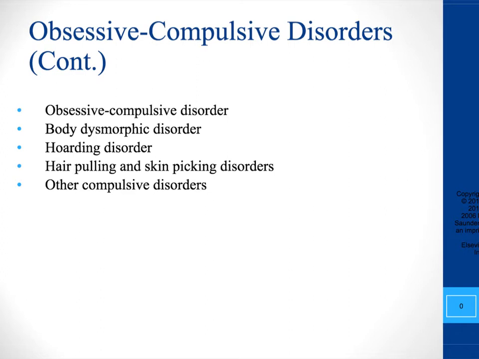compulsive obsessions. There's also body dysmorphic disorder, and this is where they are preoccupied with an image of a defective body part. It results in obsessive thinking and compulsive behavior, such as constantly camouflaging or mirror checking, and now we're actually seeing people having plastic surgery to cover this up.